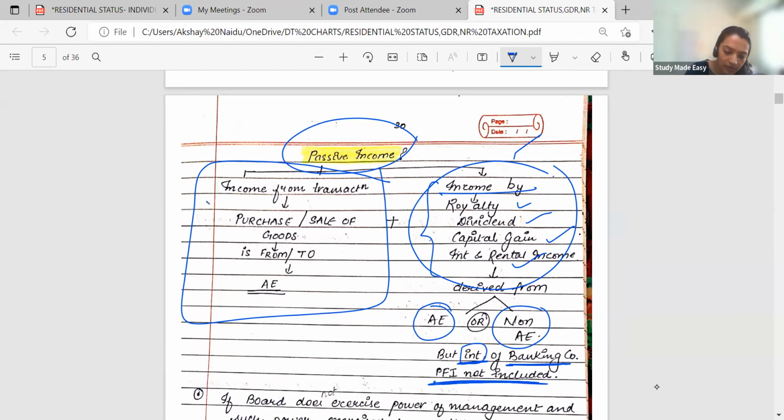Now, the concept of passive income. Transactions of purchase or sale of goods to or from an associate enterprise. Now, what is an associate enterprise? When we come to the chapter of transfer pricing, there is a detailed and very important definition. But for the time being, associate is nothing but my unit, my branch, my subsidiary, my holding.